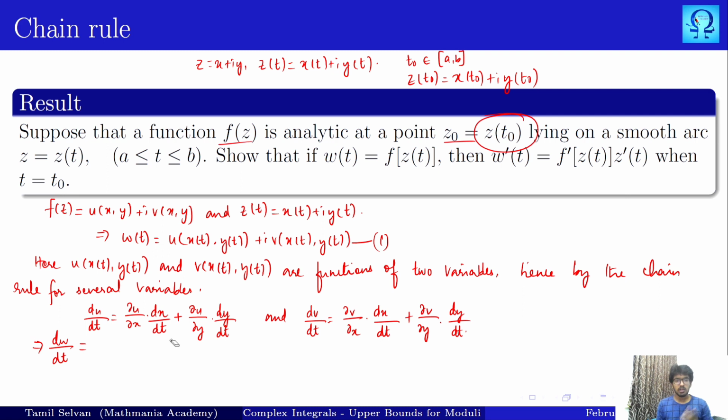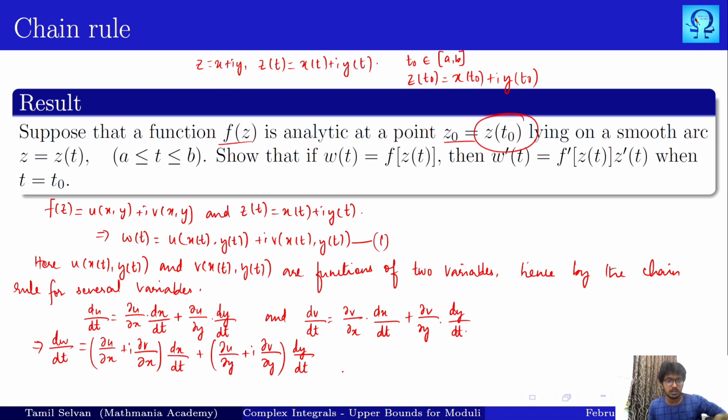So now what I am going to do is combine the values, that is del u upon del x plus iota times del v upon del x multiplied with dx upon dt plus del u upon del y plus iota times del v upon del y multiplied with dy upon dt.